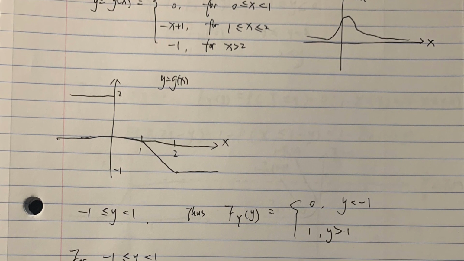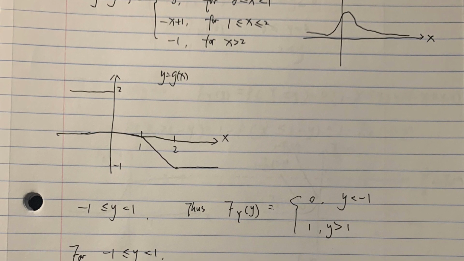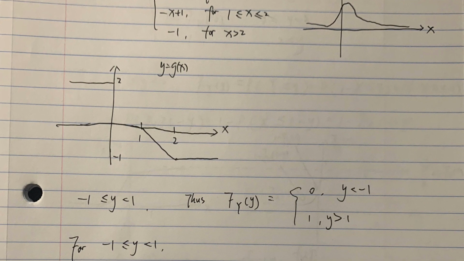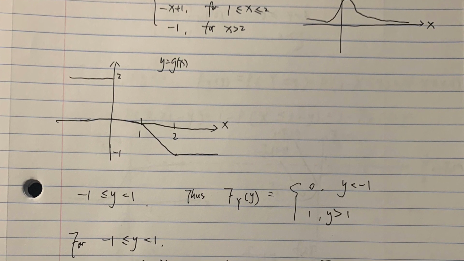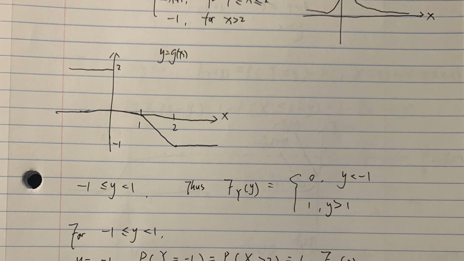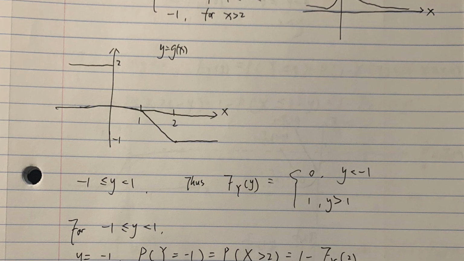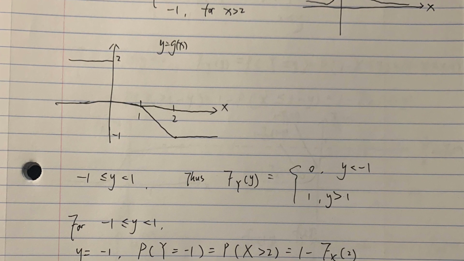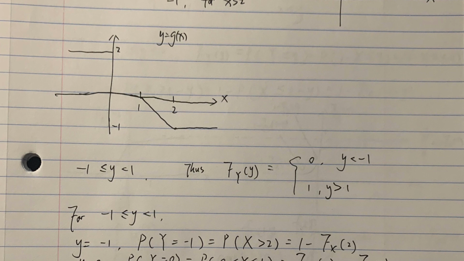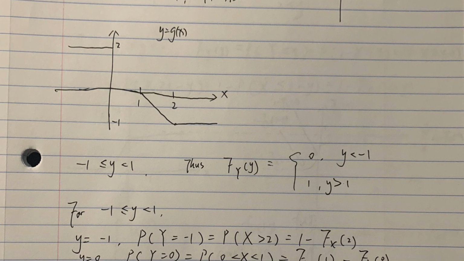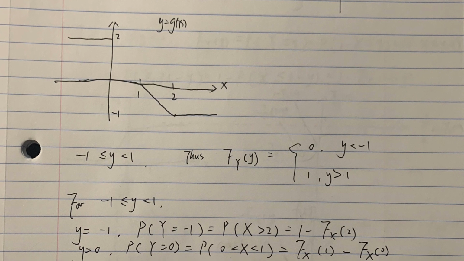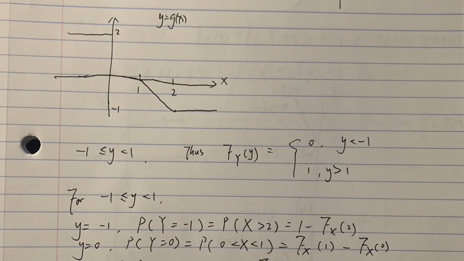f_Y(y) equals f_X(x) over the derivative of g(x), which we can get the answer is f_X(1 minus y), and we get 5 probabilities for the f_Y(y). The first is when y equals minus 1, it will be F_X(1) minus F_X(2) with y plus 1.